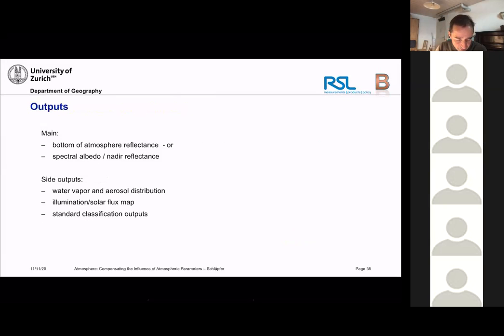So that's the configuration parameters. The outputs, as mentioned before, are bottom of atmosphere reflectance or the spectral albedo. You get side outputs like the water parameters, the atmospheric parameters, and illumination on the ground. Also, you can get some standard outputs, like internally there are some classifications, some quality checks are done, and so on, which can be written out as well for further analysis.